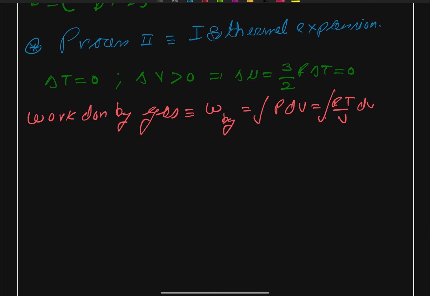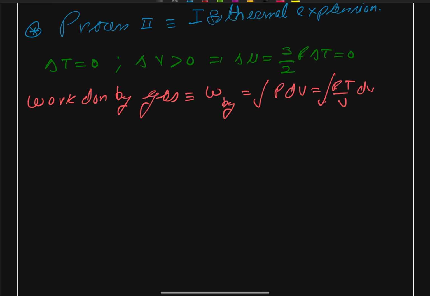And therefore we can write that W by will be equal to RT, which we can take as common, times the natural log of the final volume upon initial volume.